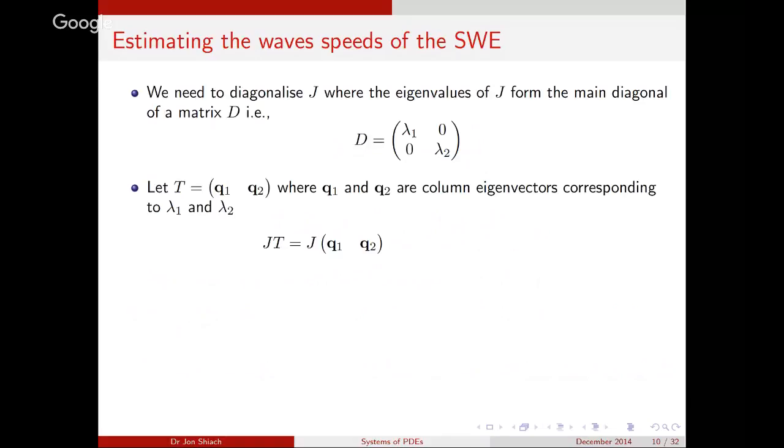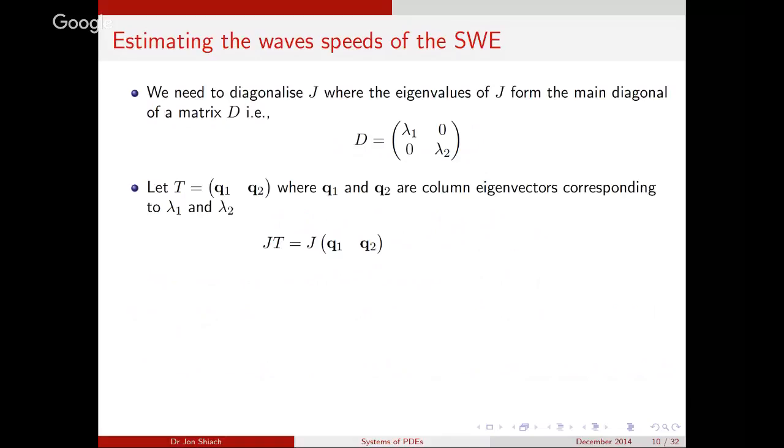This transformation matrix T is 2 by 2. The first column of T is Q1, the eigenvector of J corresponding to the eigenvalue lambda 1. The second column of T is Q2, the eigenvector of J corresponding to the second eigenvalue lambda 2. And I'm going to apply this transformation to J.